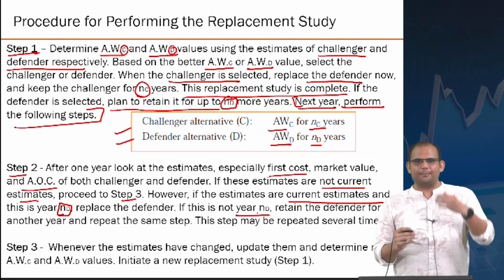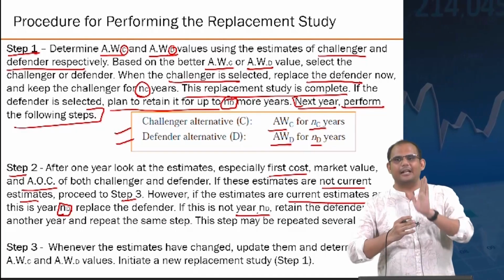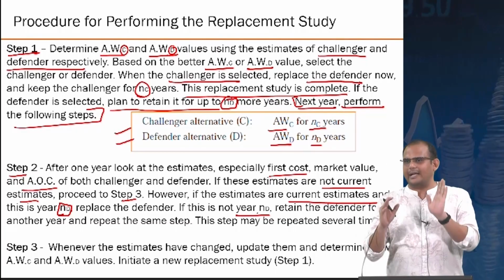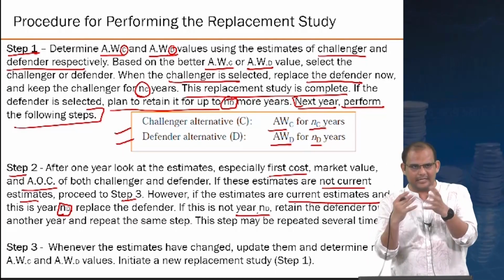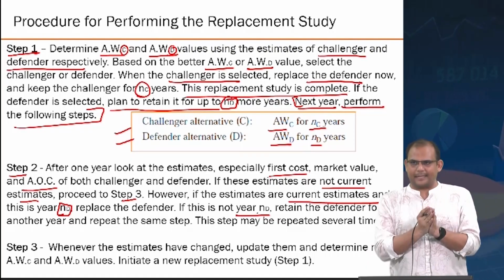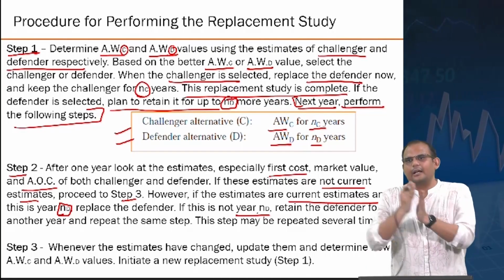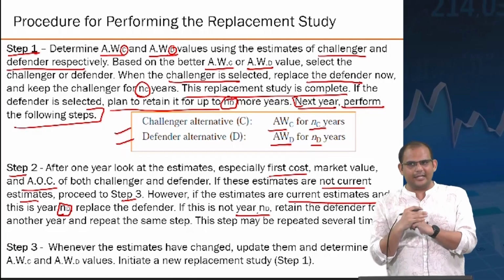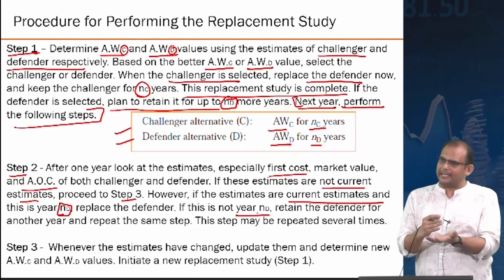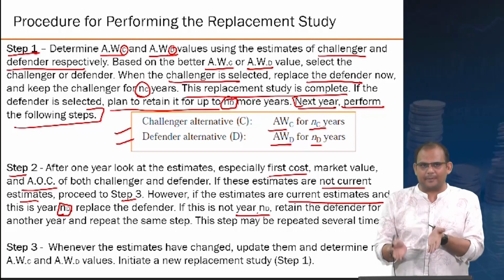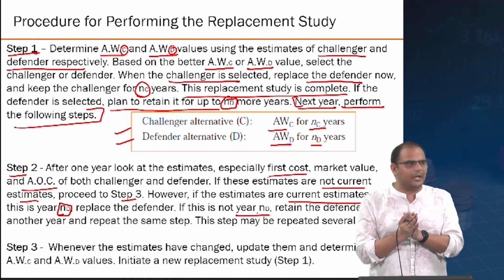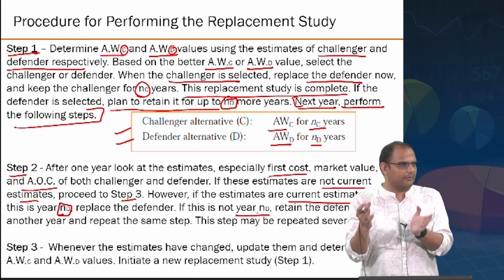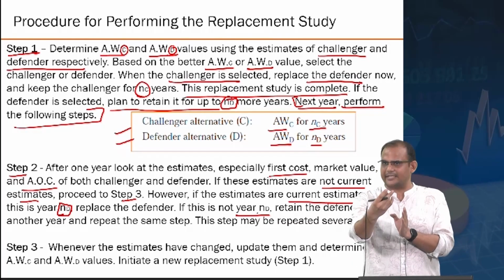So, the idea is, suppose ND is 3 years. I do the analysis today. Today I found that my Defender is better, so I keep it, I am not replacing it. I go to year 2, again I do the analysis. If I find that my Defender is still better, I am okay, I am not replacing. If I find Defender is no longer better based on the realistic estimate, I replace it.